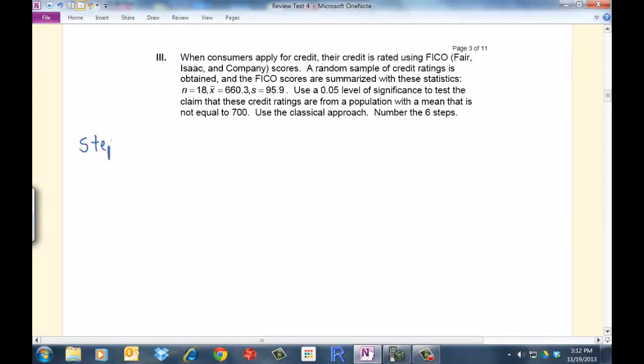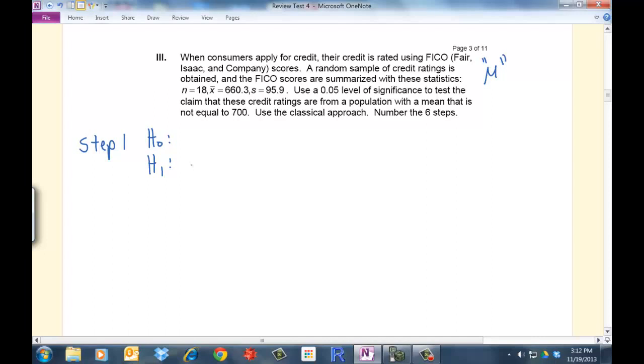Step 1. State the null and alternative hypotheses. We are dealing with the parameter mu because of all of the talk about the mean.